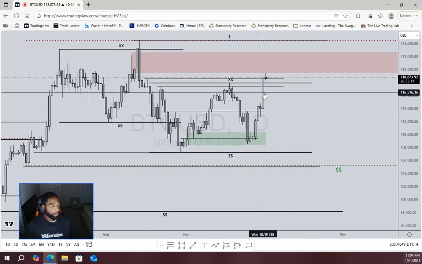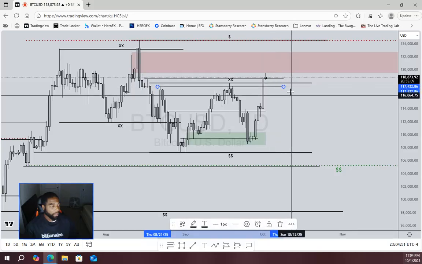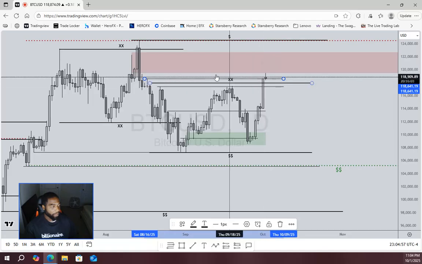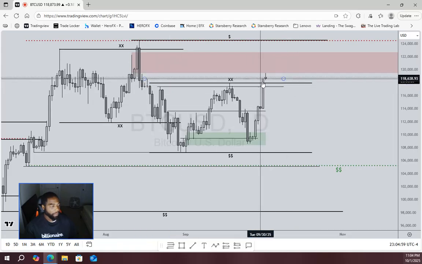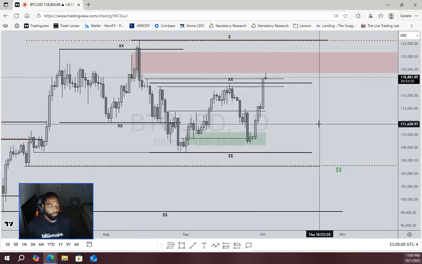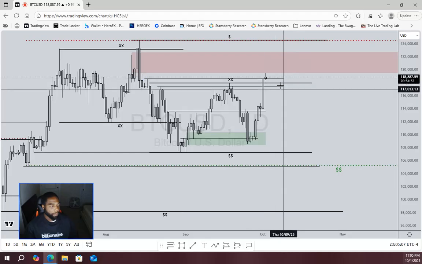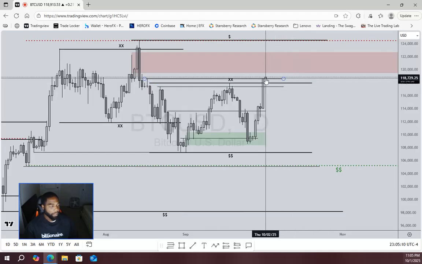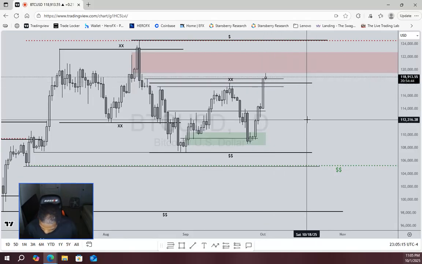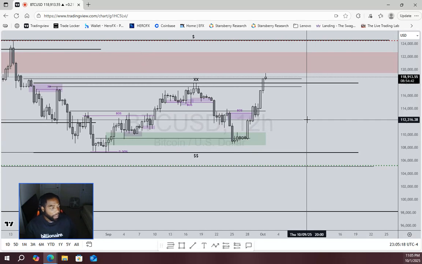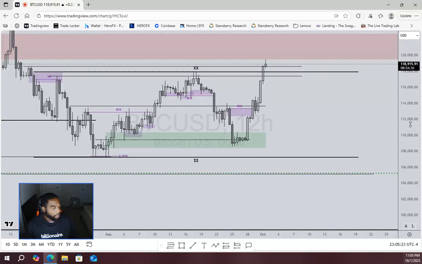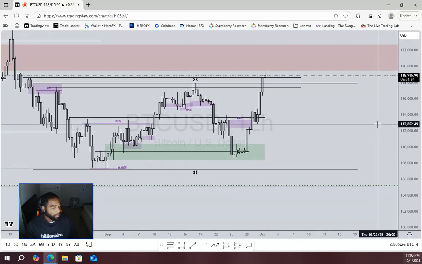You can see, price broke and closed above this daily level, and of course the weekly level, and now price is right at these daily highs, right? And we see what price is doing. Not really too much movement thus far, but we can see that price is at this level. Now we can scale down to the 12-hour to get a more or faster understanding of what price is doing here at this level.